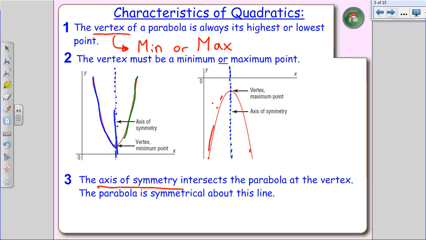What do you notice about the axis of symmetry and the vertex? Hopefully you notice that they cross through each other. So the axis of symmetry always goes right through the vertex. It's going to work that way every time. Your axis of symmetry is a line. If you ever get asked for the equation of the axis of symmetry, you write it as x equals whatever that value of x is where you draw that line.